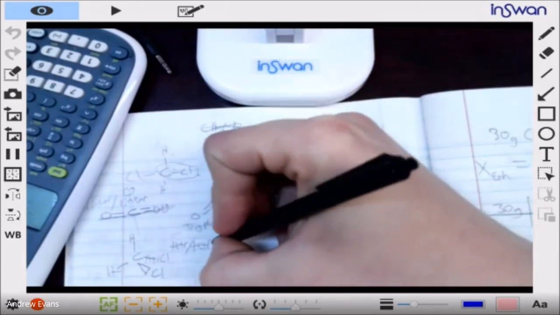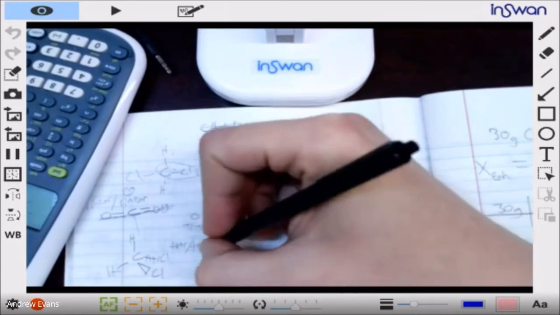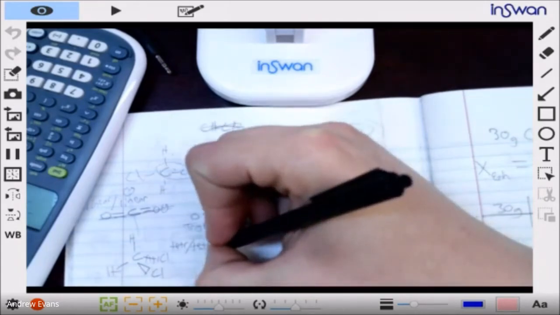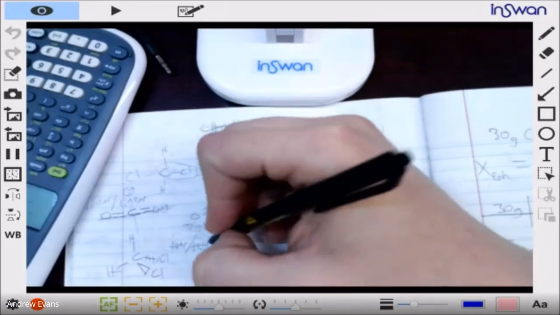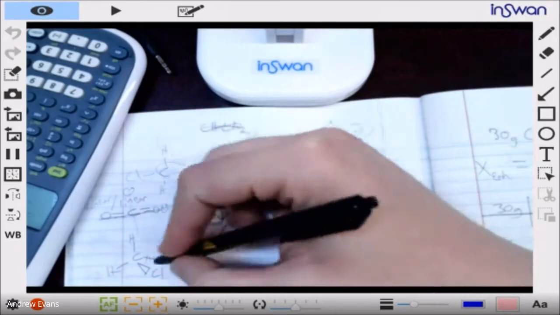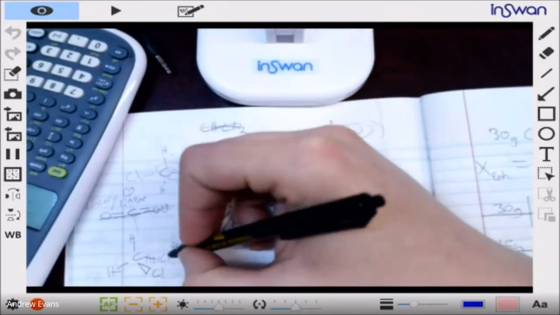This is a case where both electron geometry and molecular geometry are the same, but it is still polar.